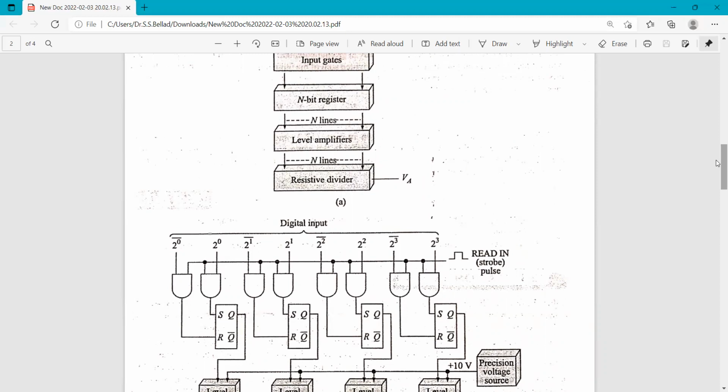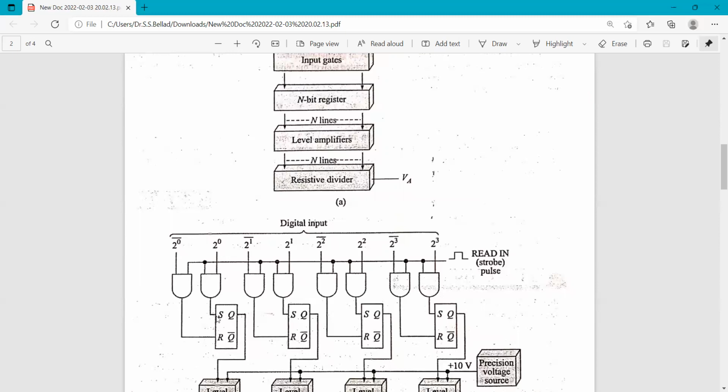Then only the output is produced by these gates, and any one input will be on at a time.